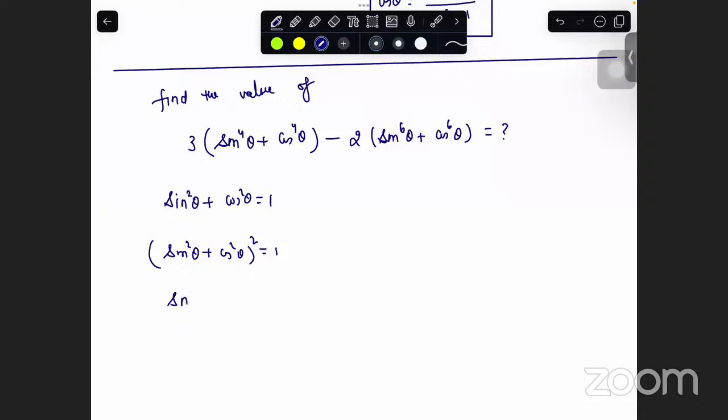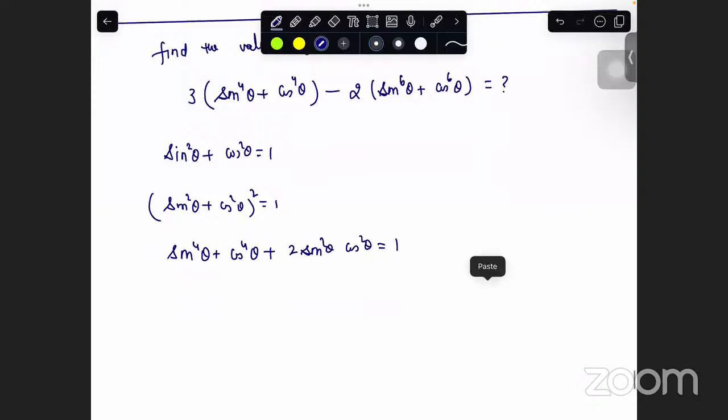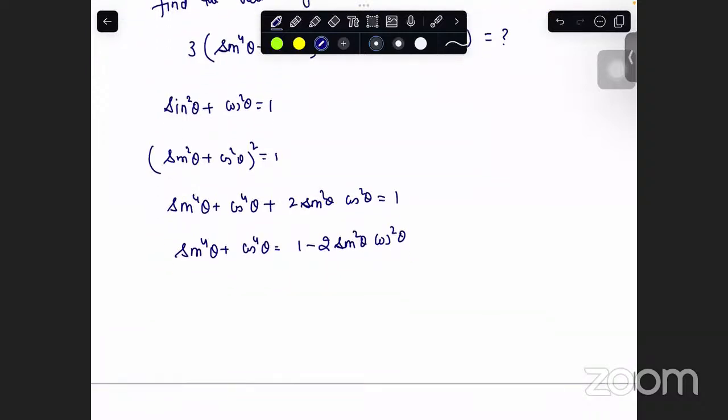So what do I get? Sine to the power 4 theta plus cos to the power 4 theta plus 2 sine square theta cos square theta is 1. So from there, sine to the power 4 theta plus cos to the power 4 theta is 1 minus 2 sine square theta cos square theta. All right.